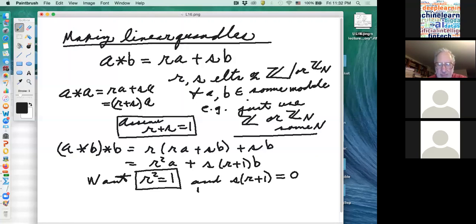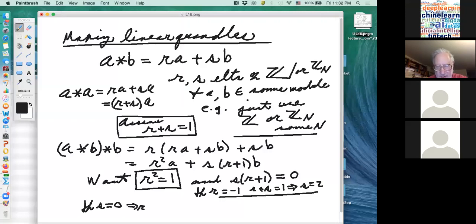Now, if R is equal to minus 1, then R plus S equals 1 implies that S is equal to 2. That's interesting. If S equals 0, which is another way of making that equal to 0, then R equals 1, and it's not interesting.